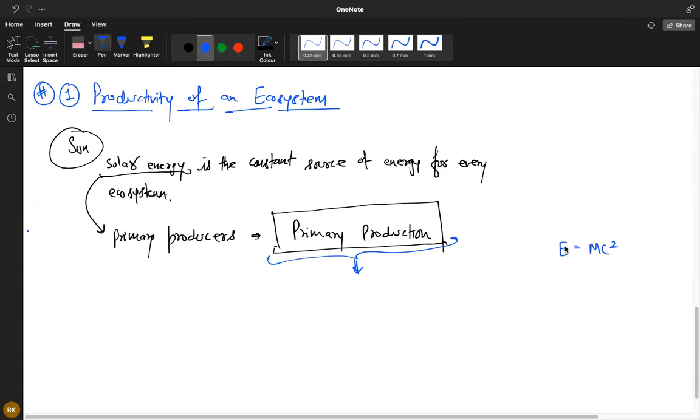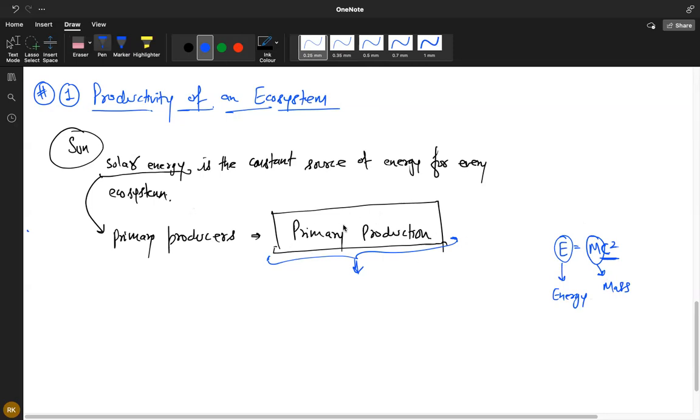Energy and mass. Correct, right? Because c, the speed of light, is a constant. So the only things are energy and mass. Earth is a part of the universe, and on Earth also there are two things, either energy or mass.